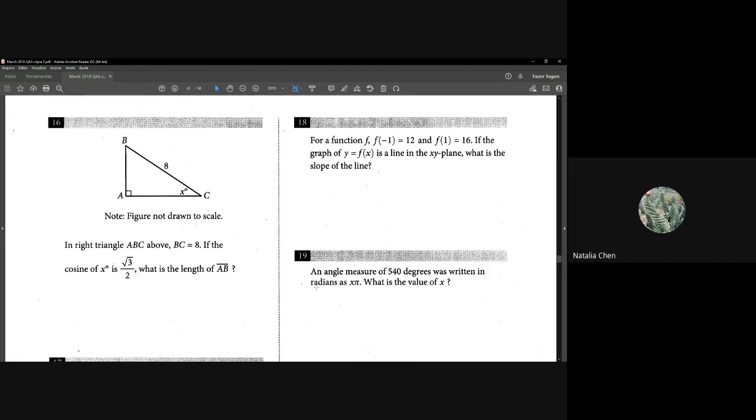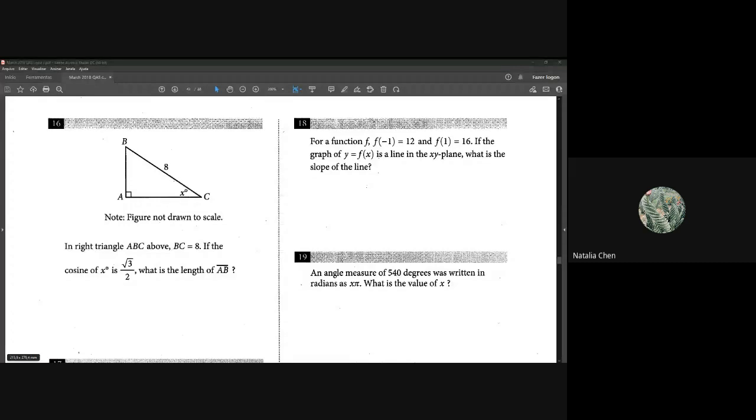Adjacent over hypotenuse. Adjacent over hypotenuse, isso daqui é isso. Agora squared.